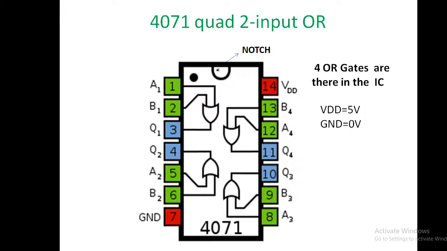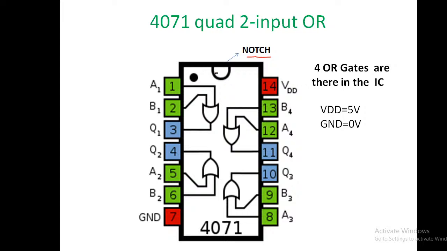This is known as the notch. You have to identify where the notch is. Now it is in virtual mode, so there is no requirement to identify the notch, right? But in the real life laboratory mode, every IC when you put it in the breadboard, you need to understand where the notch is, otherwise the whole thing will be erroneous.